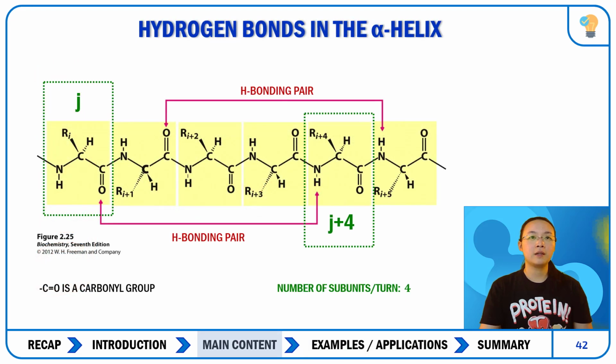If you remember this image from before, we now have a hydrogen bonding pair here. We can call this monomer in the Jth position, and then the bonding pair will be in the J plus 4th position. And that means there are 4 subunits per turn to accommodate for the 3.6 residues per turn.